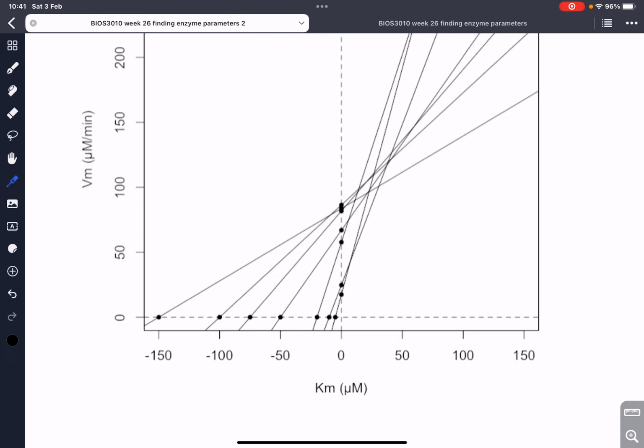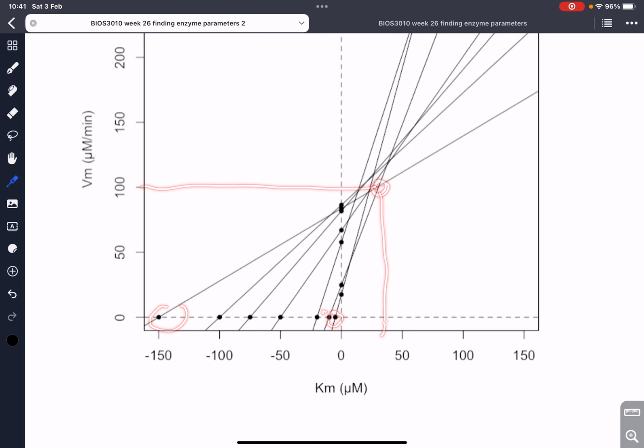Now, what does it mean if these lines cross? If a line crosses, it means that this is a value for Vmax and Km. So for these two here, if we compare these two data sets, we would find the corresponding Vmax here and Km here. But if we compare this data set here with, let's say, this data set, then we would get a Vmax of this and Km of this.